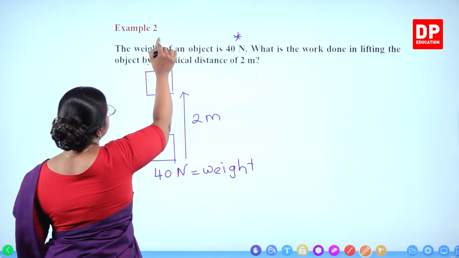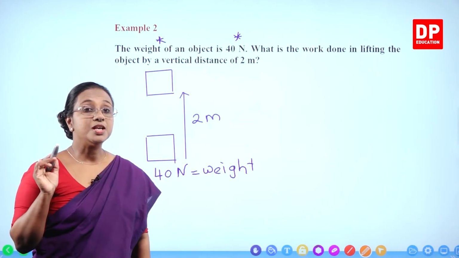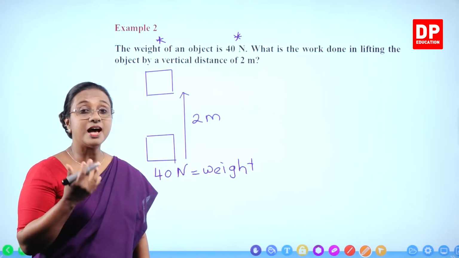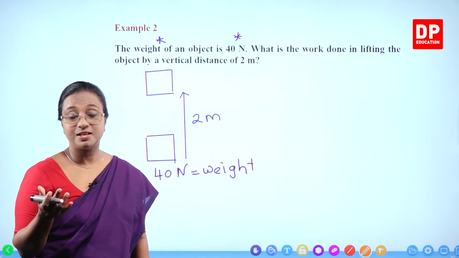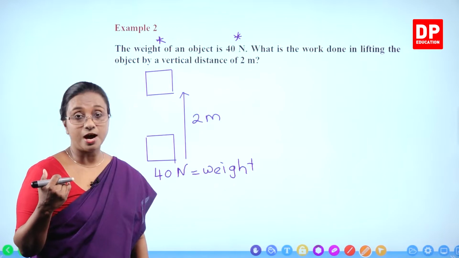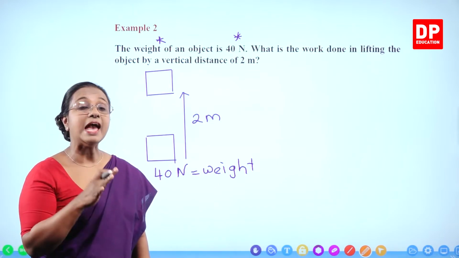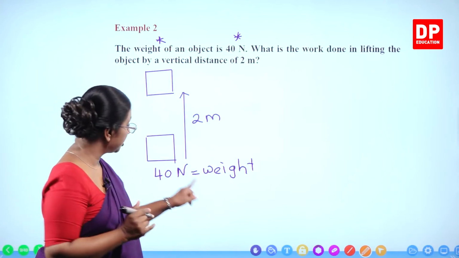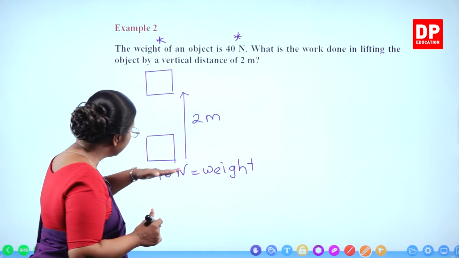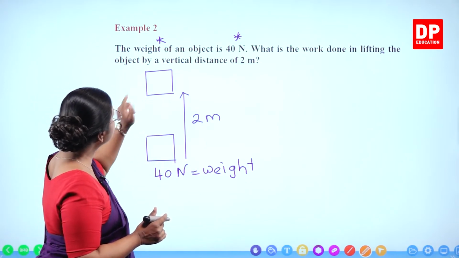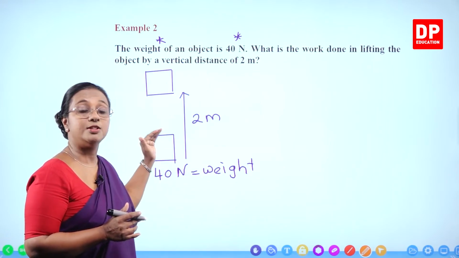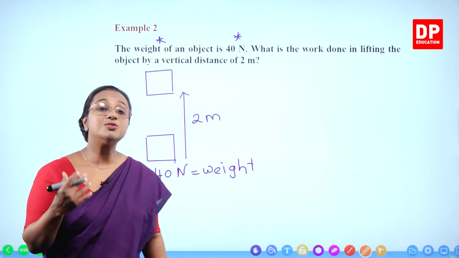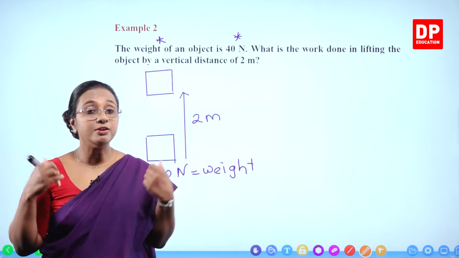Now why do we use the term weight there? Because you all know, students, what is weight? An object has a mass and all the objects are affected by the gravitational acceleration. Gravity is pulling the objects down. So due to the gravity acting on a mass, there is weight. Mass into gravitational acceleration is weight. So here, when we lift the object, we raise it by a vertical distance. By lifting the object, we are doing work against the gravity. That is why it's always difficult. Now say you carry your school bag.